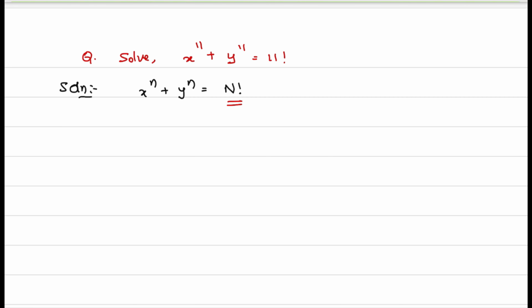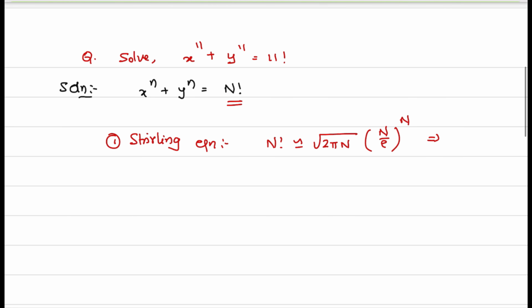First step. How to do it? What is the Stirling equation? The Stirling equation is factorial n is approximately equal to square root of 2 pi n into n by e to the power of n.